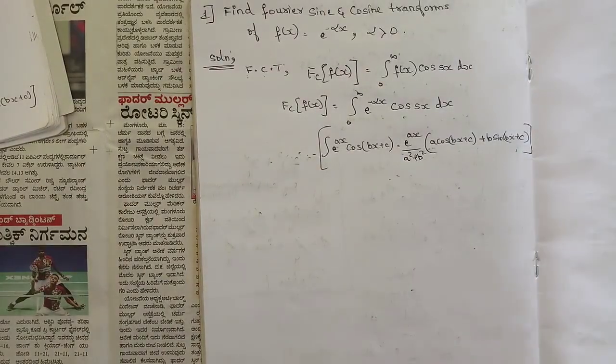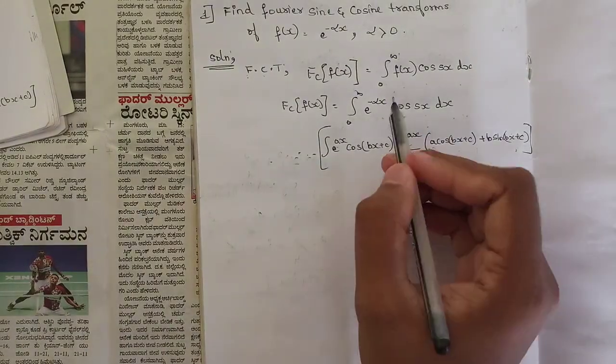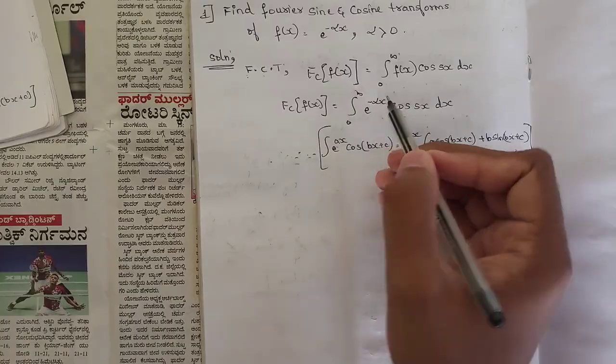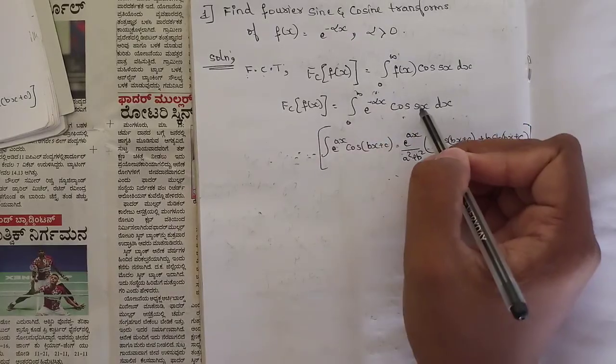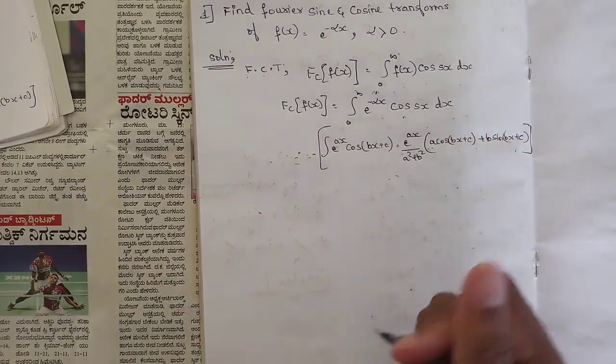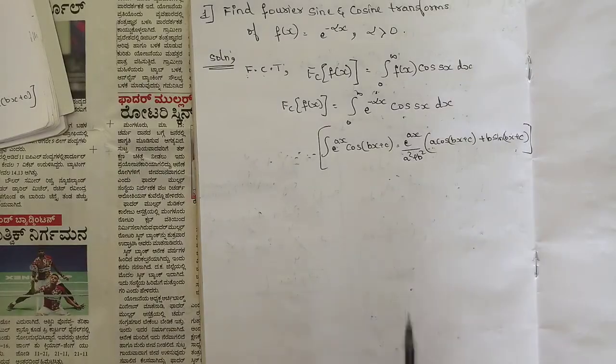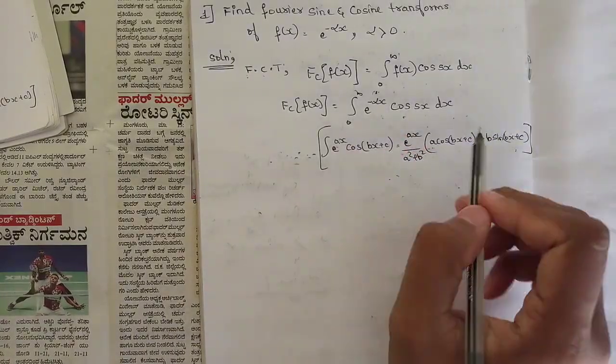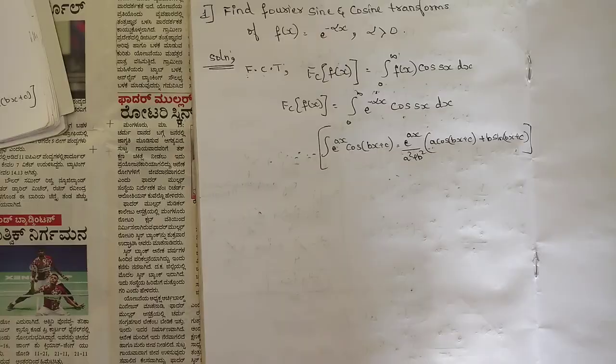This is defined like this. So in the same way, in place of a we have minus alpha, in place of b we have s, and the value of c here is 0 since it is not given. So we are going to substitute this and write it in the form of the given integral.